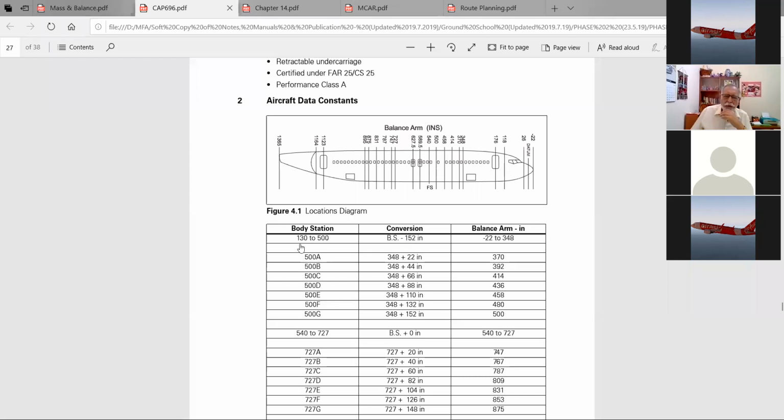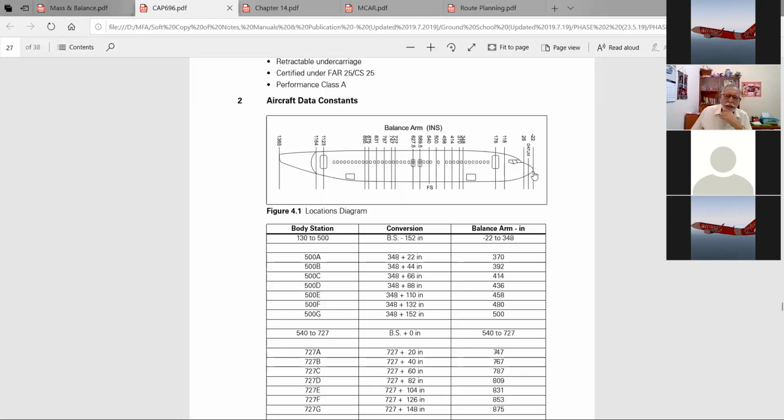So if we have to check the original body station 130, we apply the conversion factor of minus 152. Original body station 130, apply conversion minus 152, you get a new balance arm, that is minus 22. So the minus 22 is at the nose.